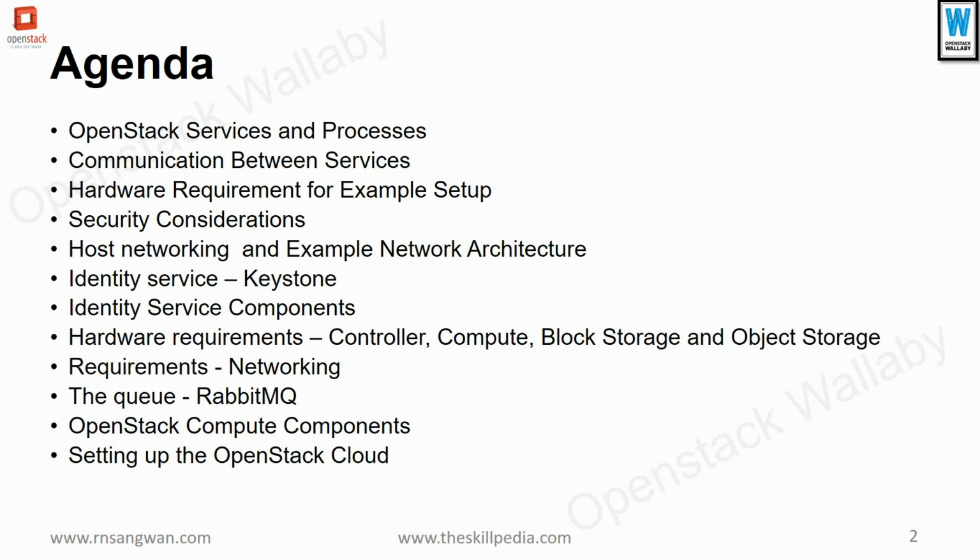The agenda of the session is: OpenStack services and processes; communication between services; hardware requirements for our example setup; security considerations; host networking and the example network architecture we are going to use; the identity service Keystone; identity service components; hardware requirements for controller, compute, block storage, and object storage; networking requirements; the queue, RabbitMQ; OpenStack compute components; and setting up the OpenStack cloud.